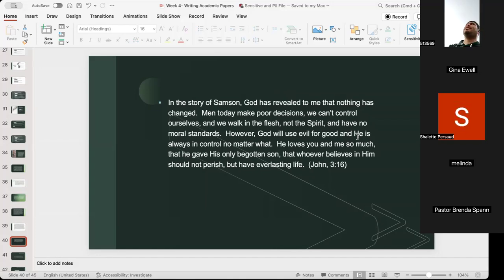Then maybe the next paragraph is the second line in that passage. Then you explain why Samson did what he did, and explain some of the context of the passage: what happened before it, what happened after it.